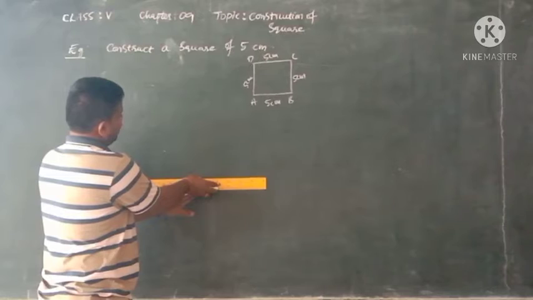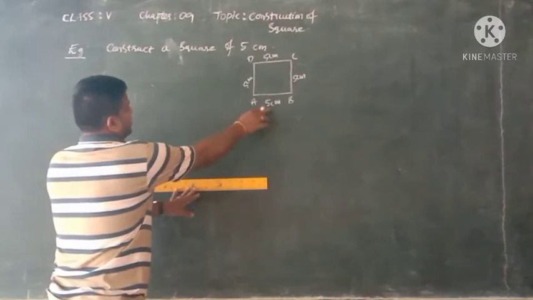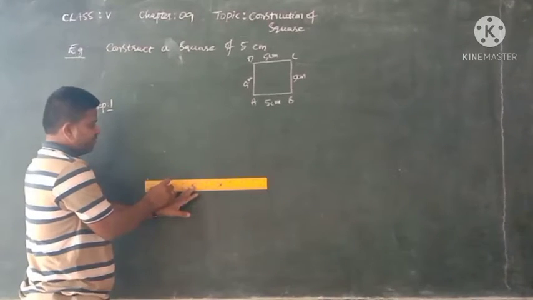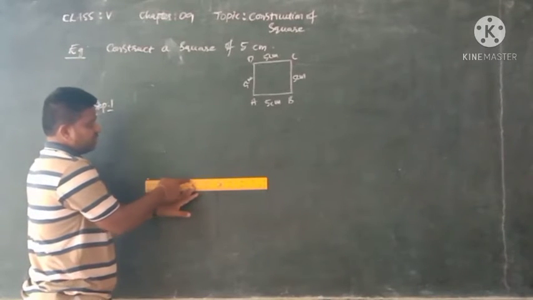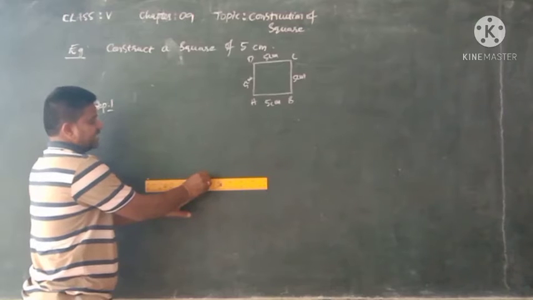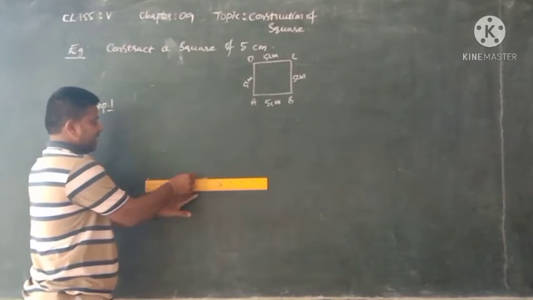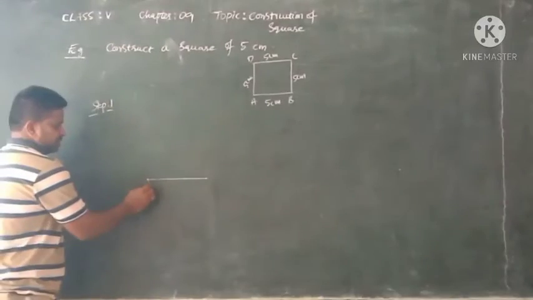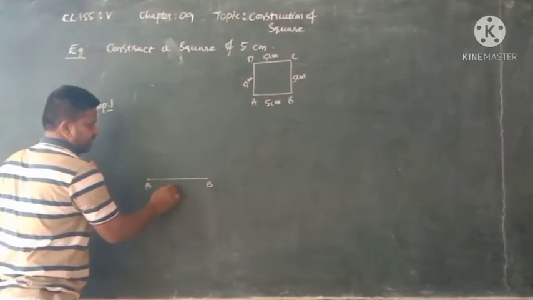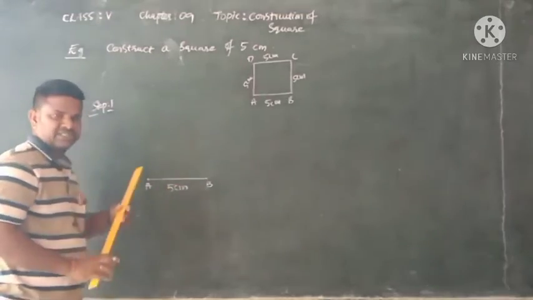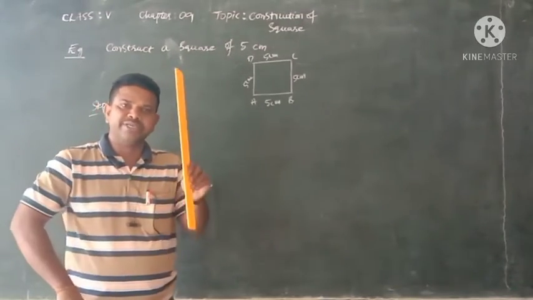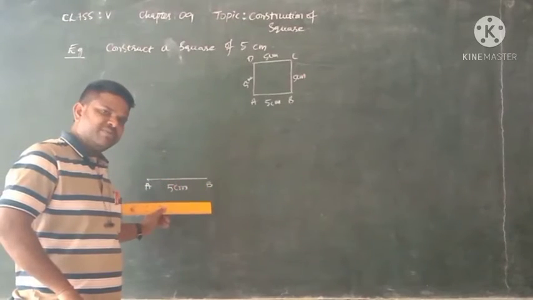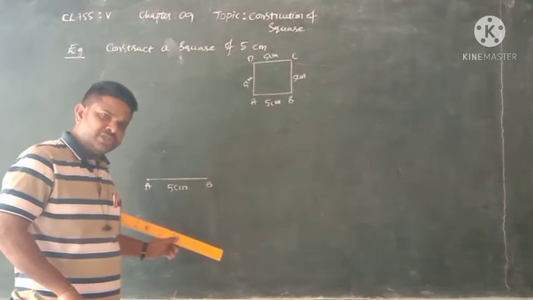How much is the side of the square? 5 centimeters. So from the 0 mark to 5 centimeters, 1, 2, 3, 4, 5. This is A and this is B. Okay, 5 centimeters.